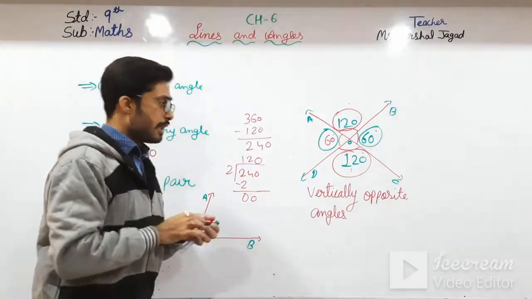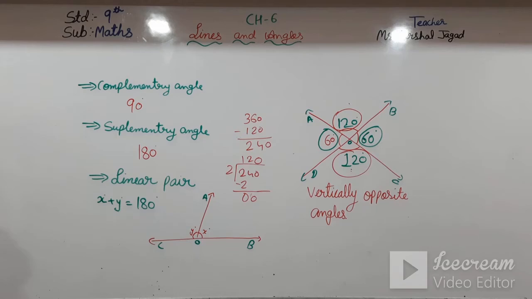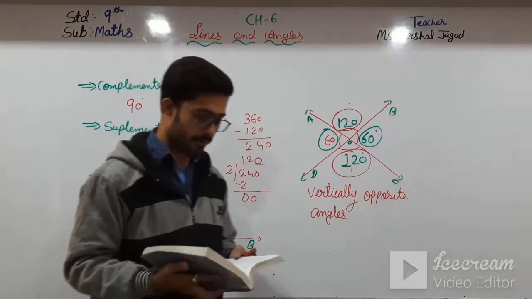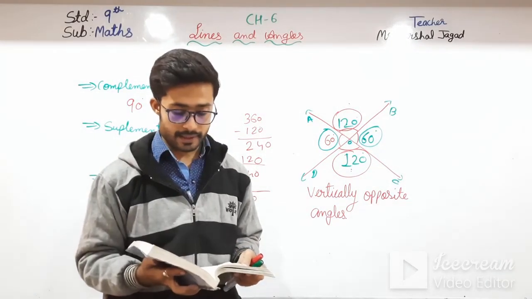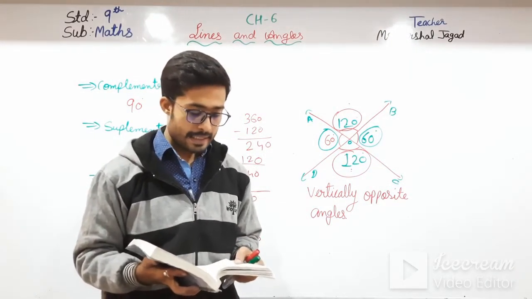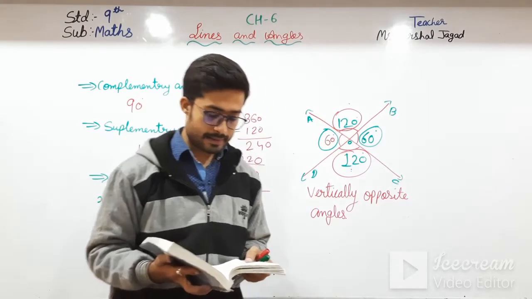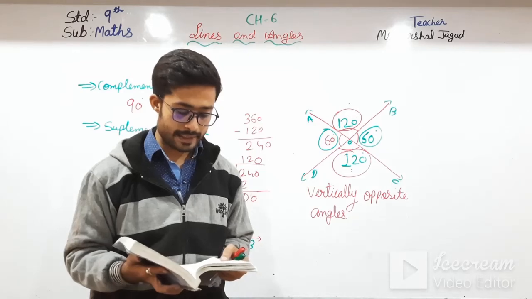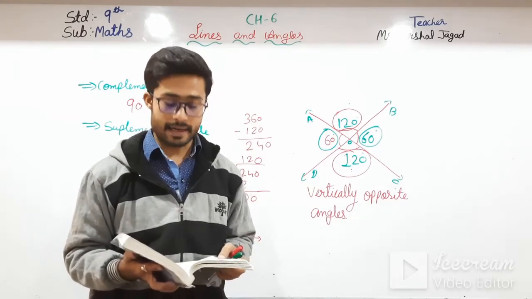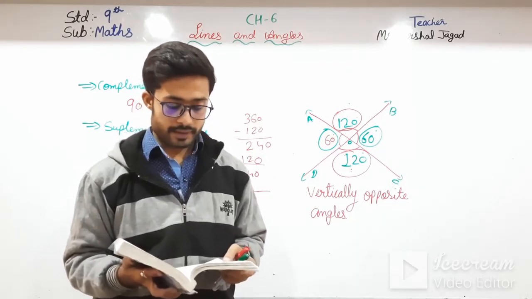Okay students, now moving forward, I have explained theorem 6.1: if two lines intersect each other, then the vertically opposite angles are equal. In the statement above, it is given that two lines intersect each other, so let AB and CD be two lines intersecting at O, as shown in figure 6.8.